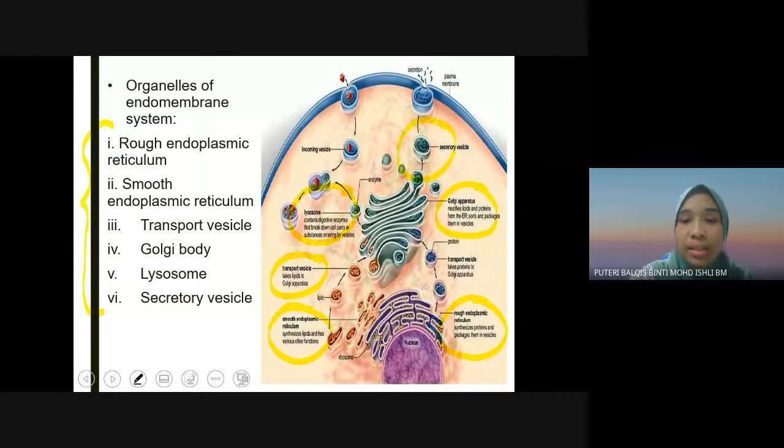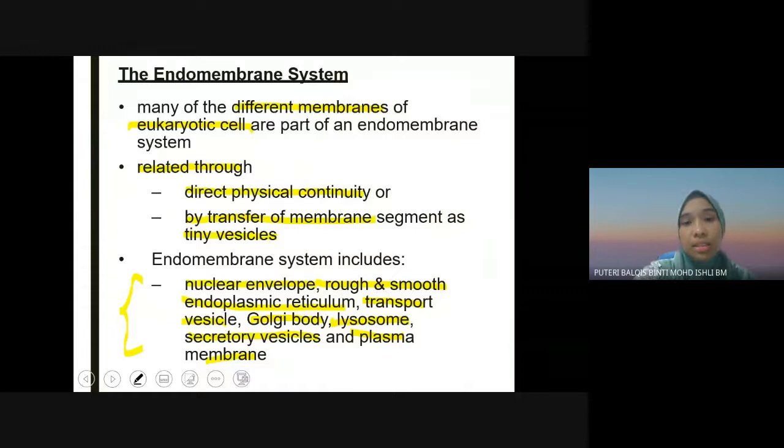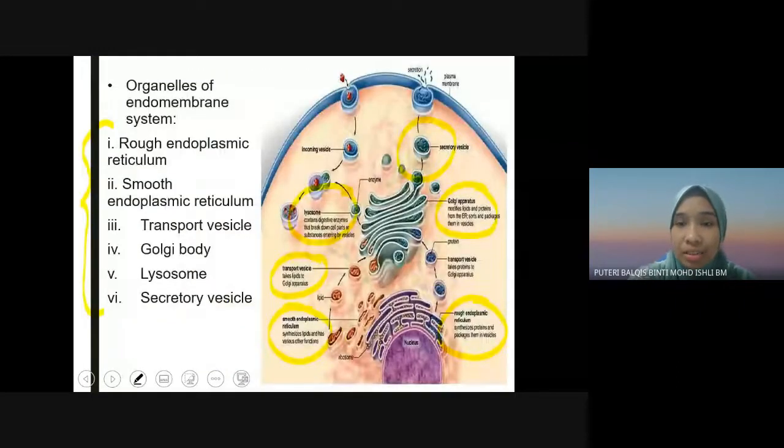So these organelles work together to transfer of membrane segments such as tiny vesicle. Diorang bekerjasama, start daripada nucleus, rough ER, smooth ER, transport vesicle, Golgi body, lysosome, and then secretory vesicle untuk bawa keluar.